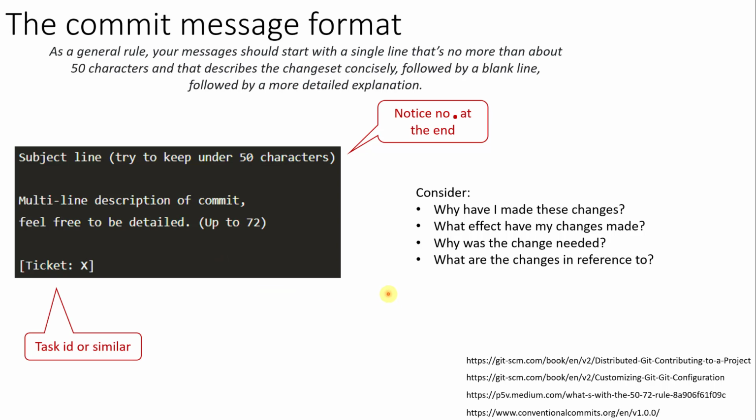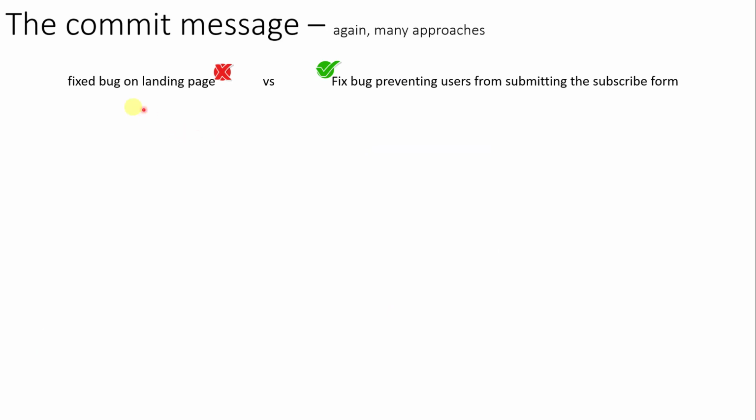So a few examples. This one is not particularly good because it's not very specific. You fixed a bug on the landing page, but what was the bug? It's not very clear what's going on. This one is better because it's more descriptive and more precise.